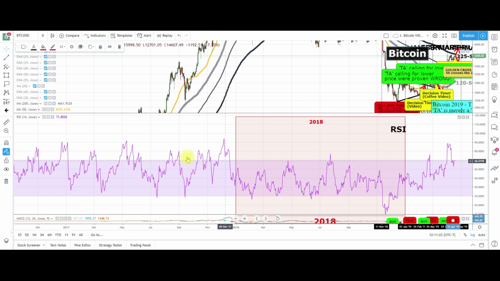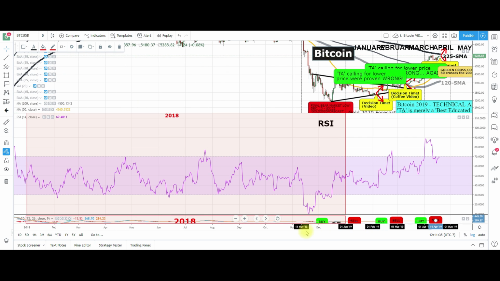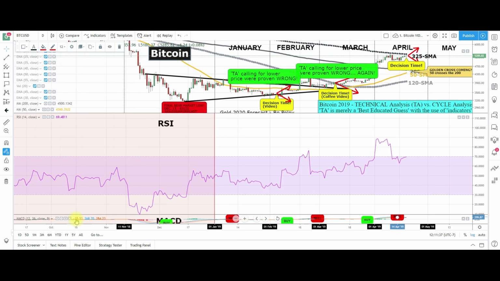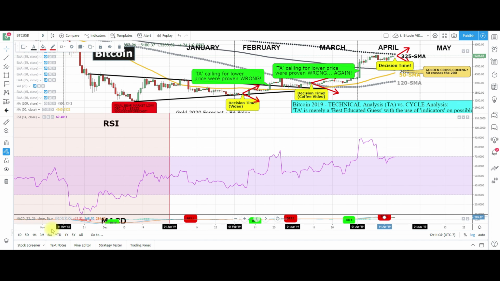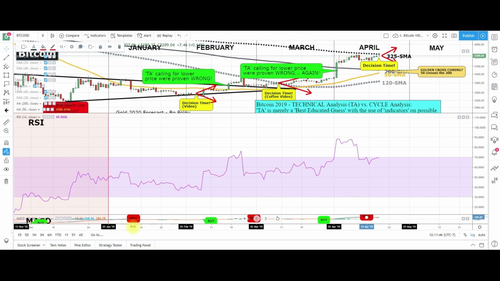However, if we scroll back further, in 2017, in the bull run, RSI went higher than the 70 range. So again, the question is, are we in a bull market or a bear market? And this is where technical analysis fails, and cycle analysis clearly points that we are in a bull market, not a bear market.